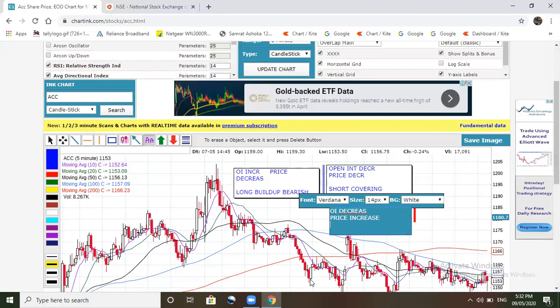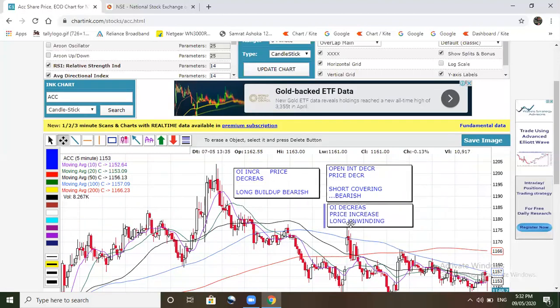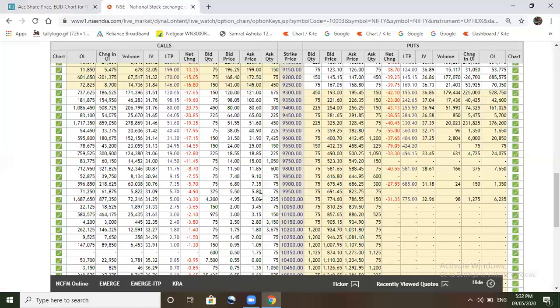Long unwinding is there, means those who were long on put, who were bearish, have now started covering their positions. They bought the put and now they are selling that put, which means the price will increase.